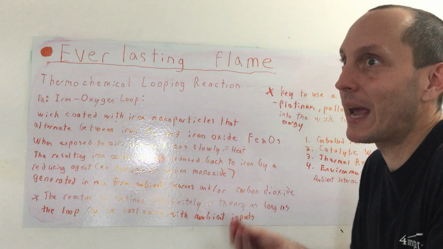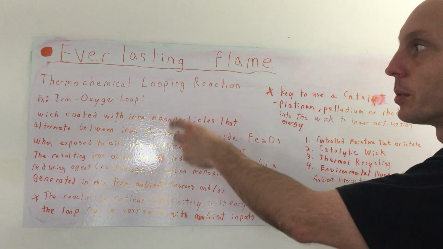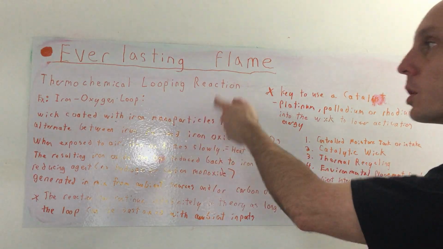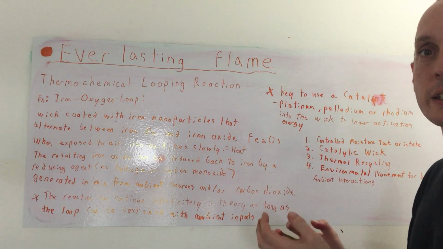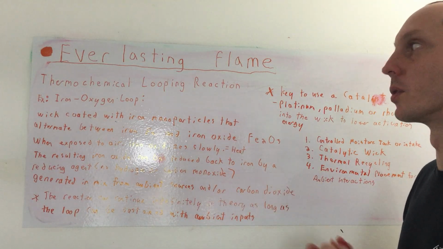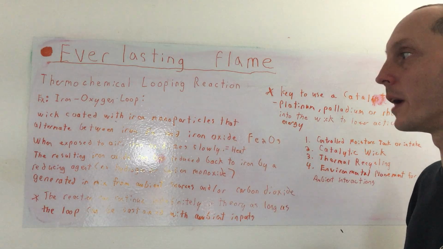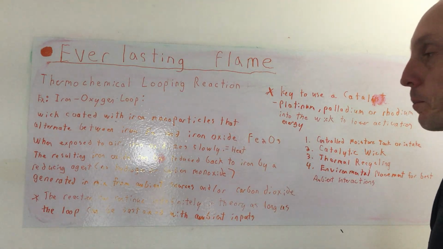So for the regular candle people, not necessarily the thermochemical looping, but the simpler ones that offer more long-lasting mechanisms could be something worth exploring. Not my domain, but just putting it out there, right?